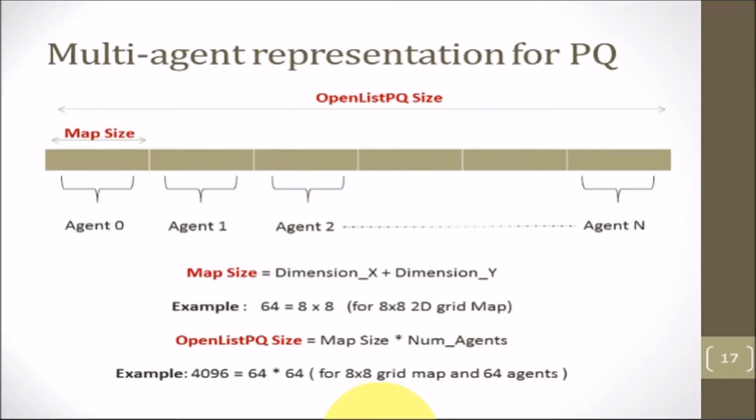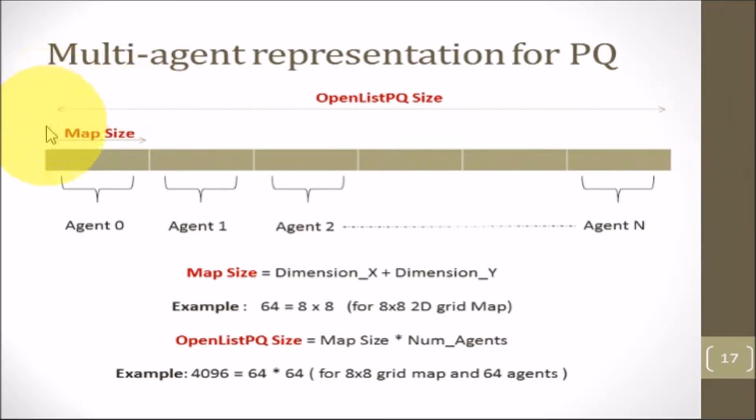Now this priority queue we will be using in the multi-agent scenario, which means that each agent will have its own priority queue. So we will look into how this priority queue is maintained for all the agents together. We will create an open list priority queue, which is a very big array which holds the priority queue for all of the agents.